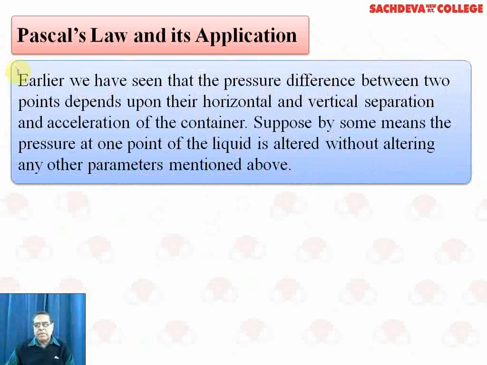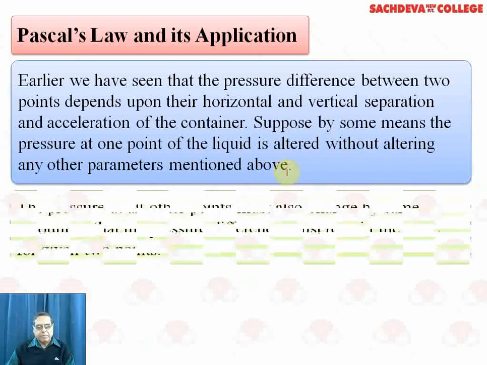Earlier, we have seen that the pressure difference between two points depends upon their horizontal and vertical separations and the acceleration of the container. Suppose by some means the pressure at one point of the liquid is altered without altering any other parameter mentioned above.